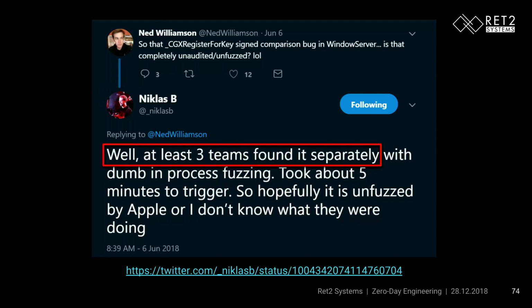But there was some discussion on Twitter that Ned had started, and Nicholas, who's also here, said, well, at least 3 teams found it separately. So at least us, Fluoroacetate, and Nicholas had found this bug. And we were all at Pwn2Own. So you can think how many people out there might have also found this. There's probably at least a few. How many people actually tried to weaponize this thing?